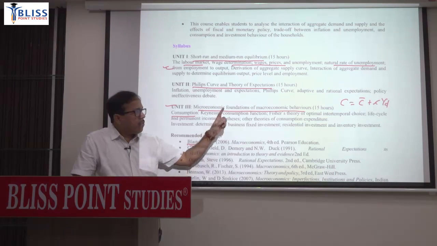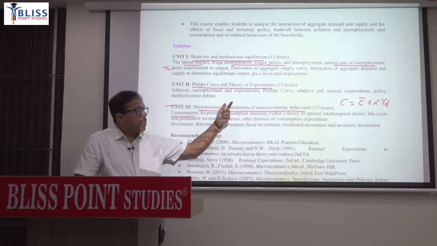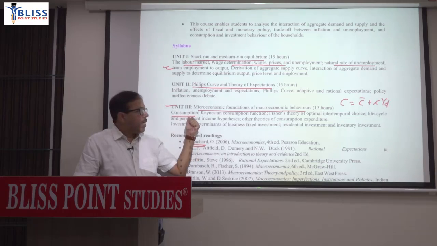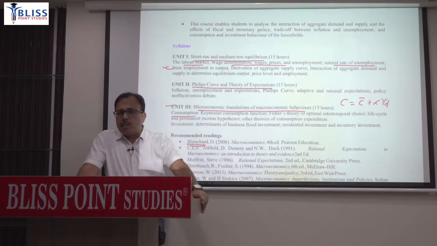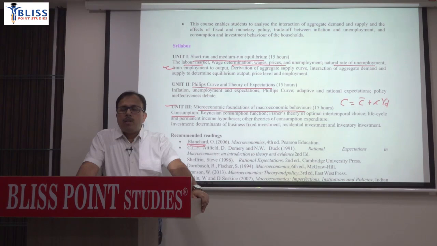That means we were assuming that consumption is a function of current income, but here there are different hypotheses. Consumption could be a function of current income according to Keynes, of permanent income according to Friedman, of life cycle income according to Ando Modigliani, of intertemporal income according to Fisher.